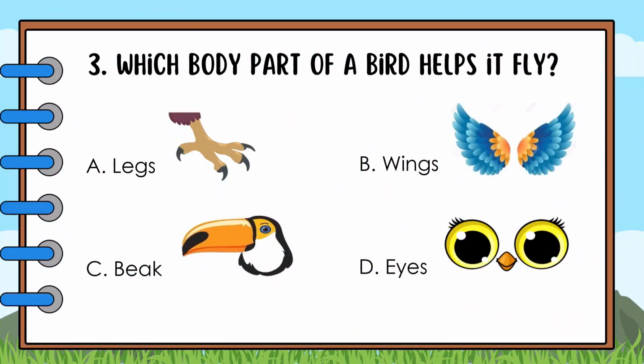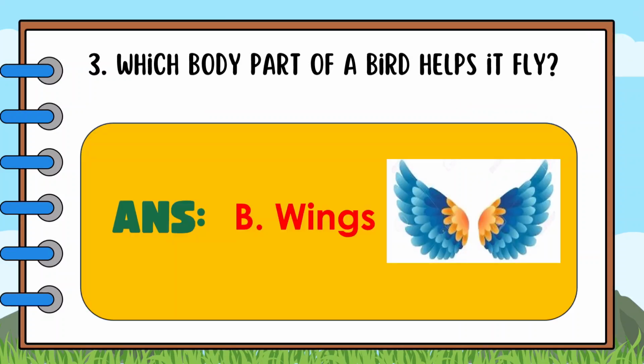Which body part of a bird helps it fly? A. Legs, B. Wings, C. Beak, D. Eyes. The answer is B. Wings.